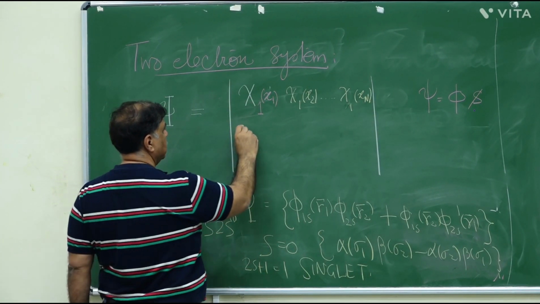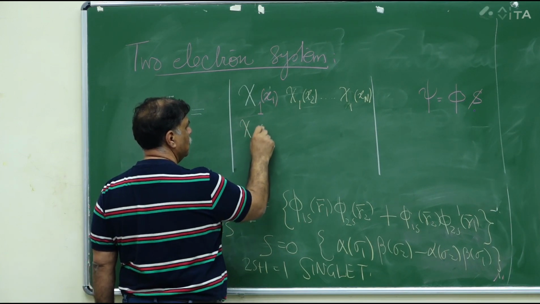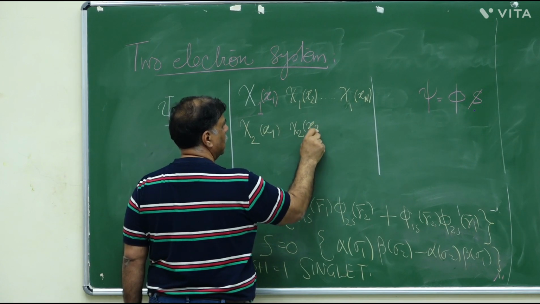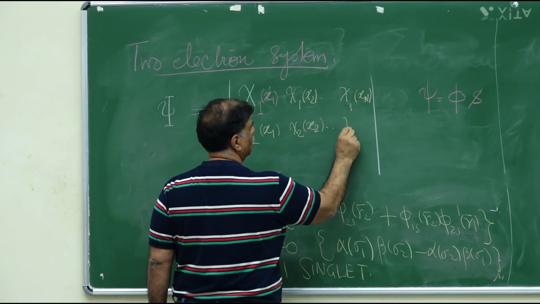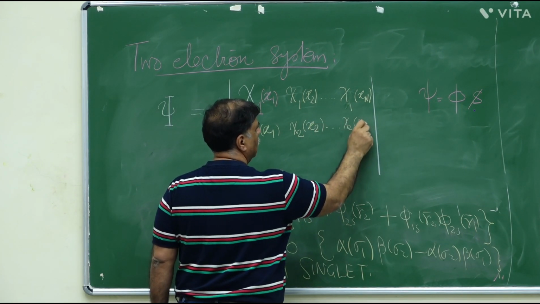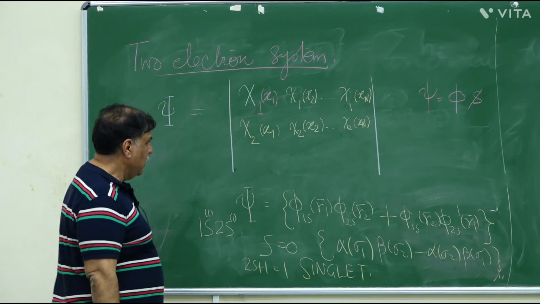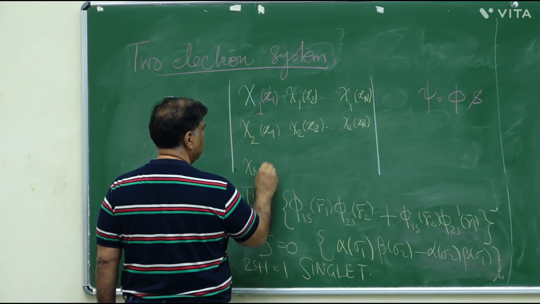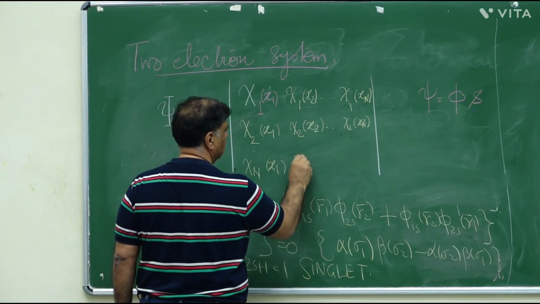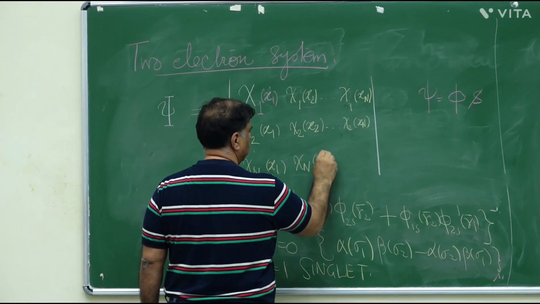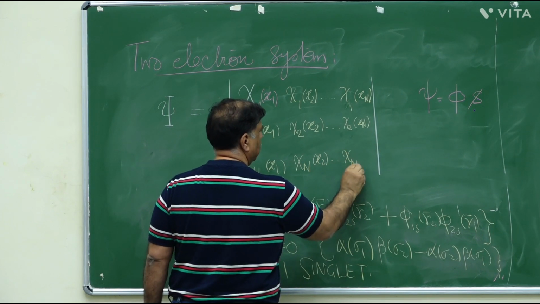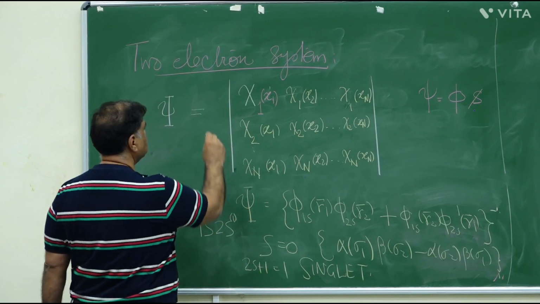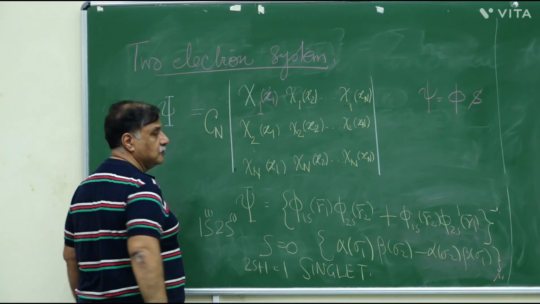Then I write chi 2, x1, chi 2, x2, all the way up to chi 2, xn. And keep doing it until I hit chi n, x1, chi n, x2, all the way up to chi n, xn, and take it together. And there will be some normalization constant.